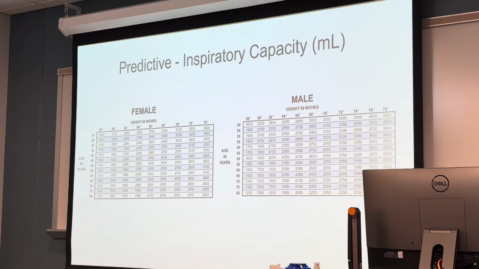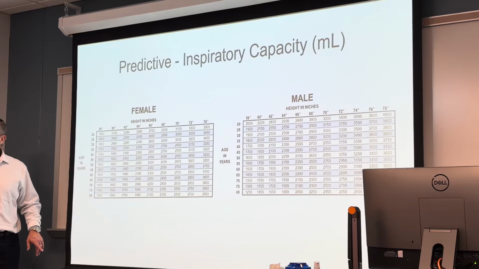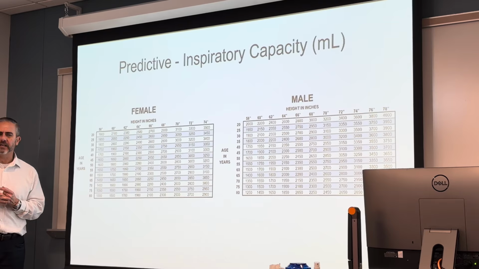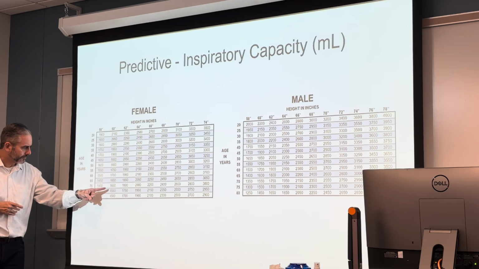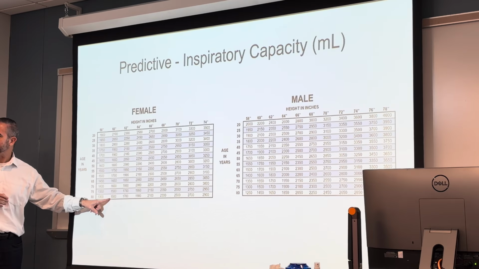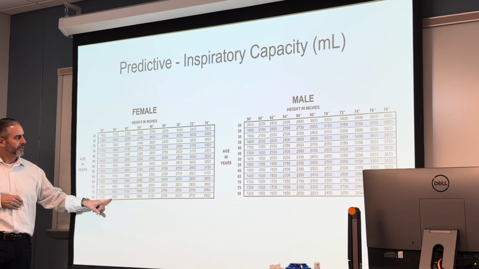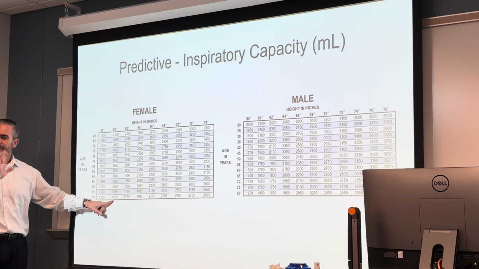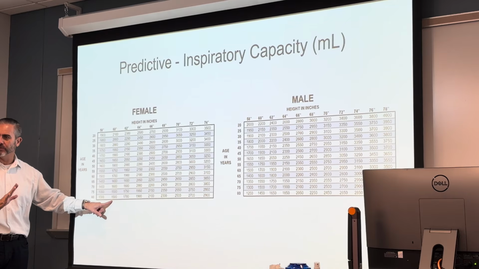Now, in the lab when we do this, and since I'm over here on the ladies' side, when we do this and I say, well, how much are you able to do? About 1,500. Okay, then that means you're 80 years old, and you're 5 feet. That's what a 5 foot 80-year-old lady was supposed to do.